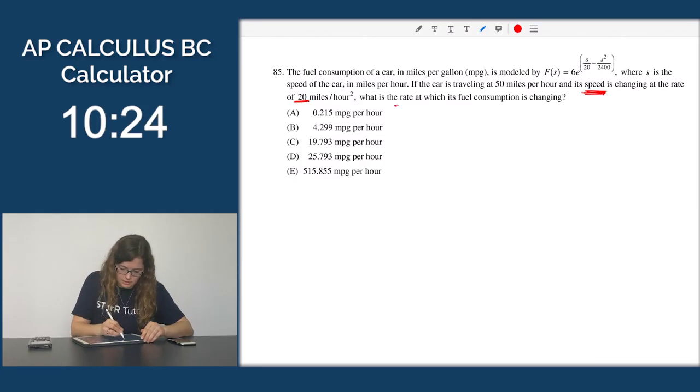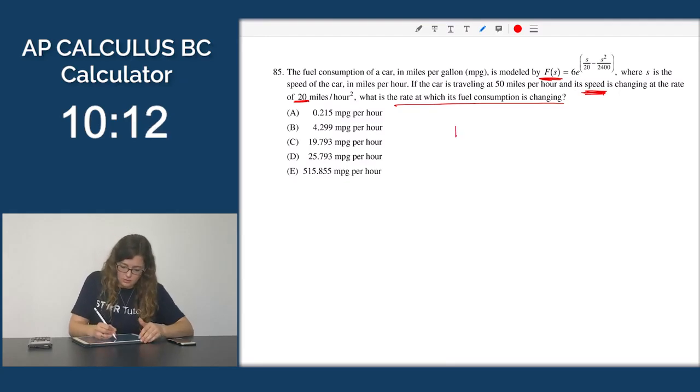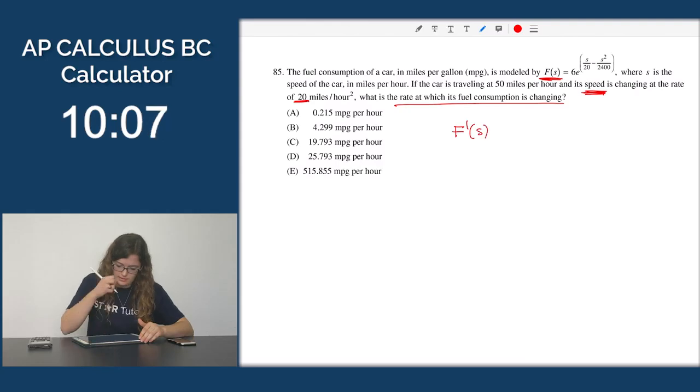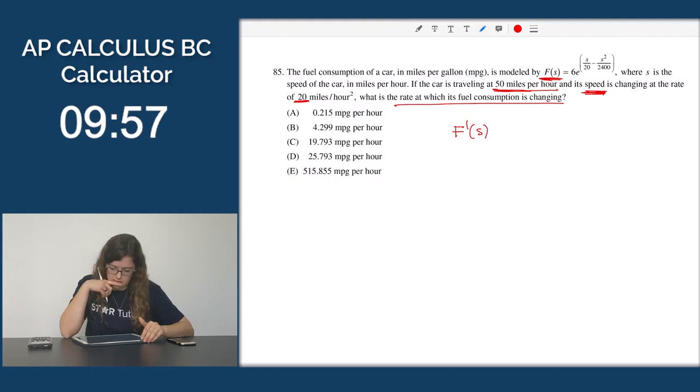Okay. Its speed is changing at the rate of 20 miles per hour. What's the rate at which its fuel consumption is changing? Rate at which its fuel consumption is changing. So fuel consumption is this big F. If I'm asking for a rate, then I need the derivative of that. So I want the derivative F prime of little s. And I want to know what this is when the car is traveling 50 miles per hour and its speed is changing at 20 miles per hour squared.